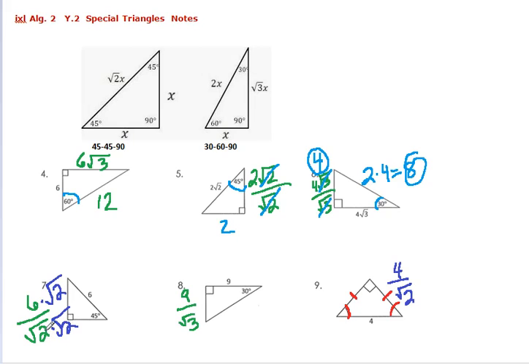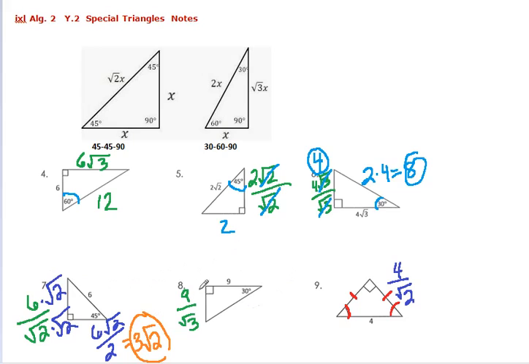And when you multiply the square root by itself, it turns into that number. So we have 6 times the square root of 2 over 2. Now remember that numbers go with numbers and radicals go with radicals. So we will treat this 6 over 2 as the fraction that it is, and it simplifies to 3, and we still have the square root of 2. So this is the answer for number 7.